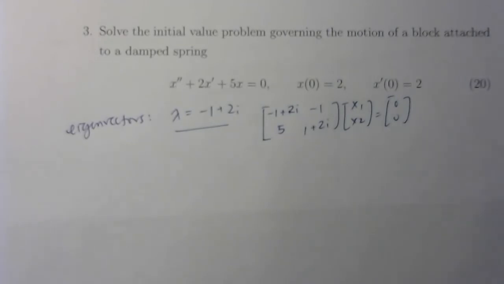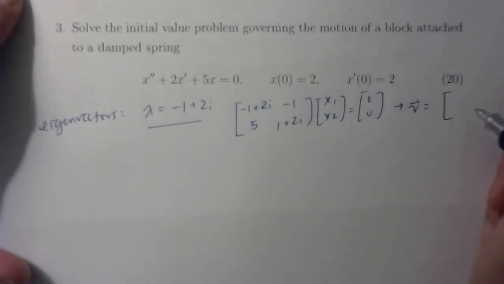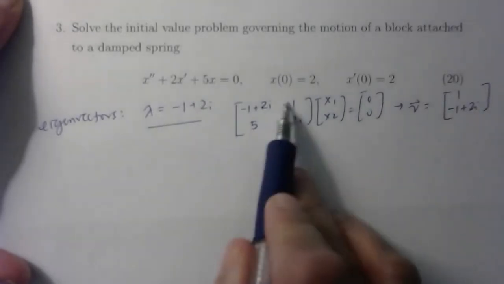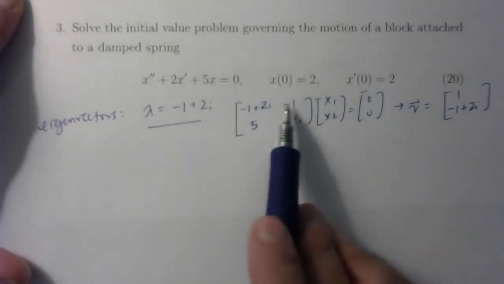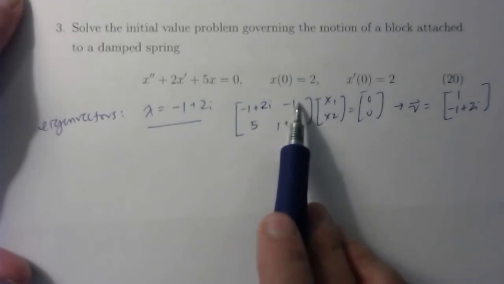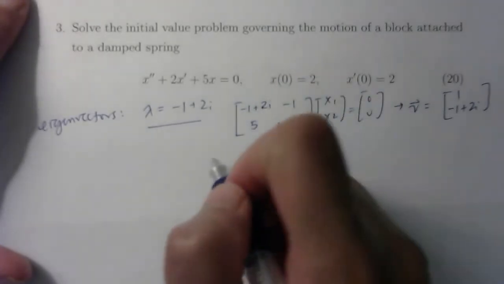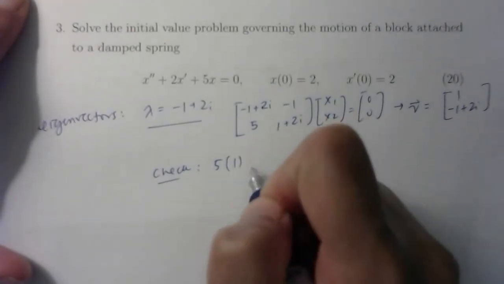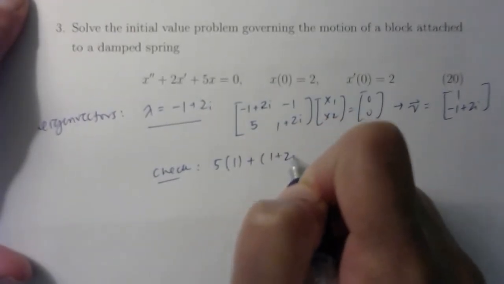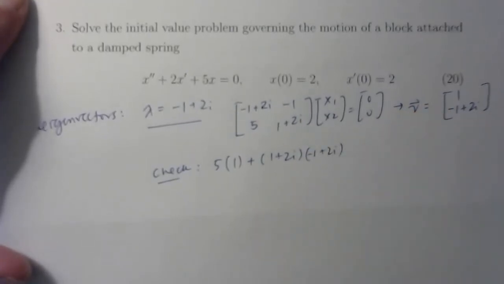So if I just take v as 1 and then -1 plus 2i, just looking at the first row, let's see if that works. Right, because in the first row, this times 1 is the negative of this, and then -1 times whatever this is, and I sum it up, I should get 0. Let's see if that's the case for the second row. All right, check. I need to check that 5 times 1 plus 1 plus 2i times -1 plus 2i is 0.